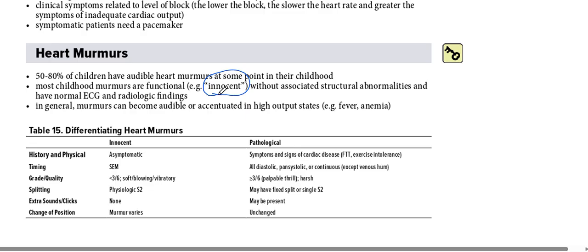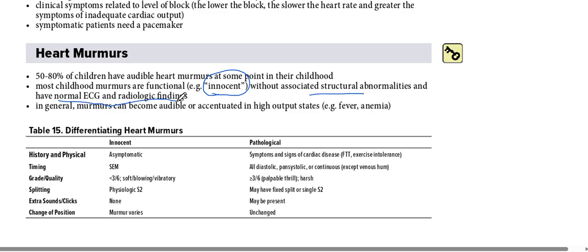If we say the person is innocent, he is very normal. So there will be no structural abnormalities, and normal ECG and X-ray findings.